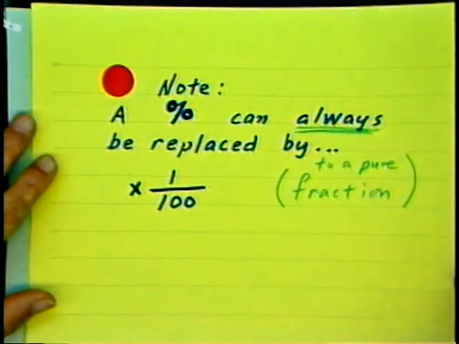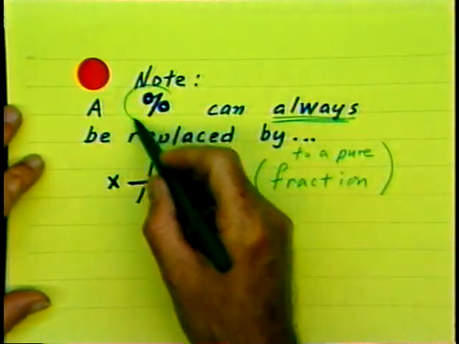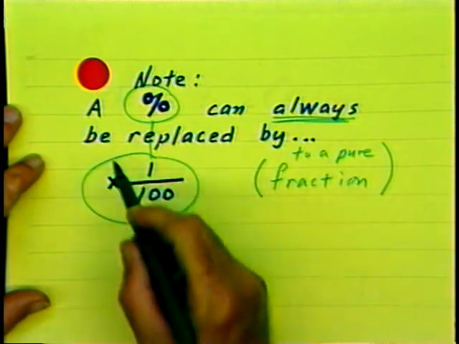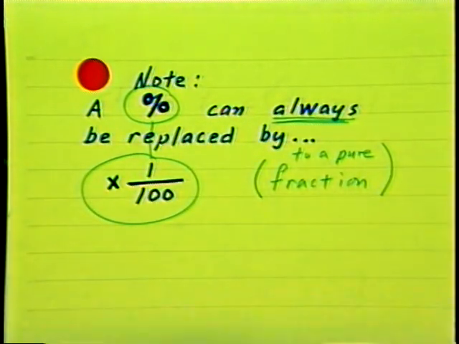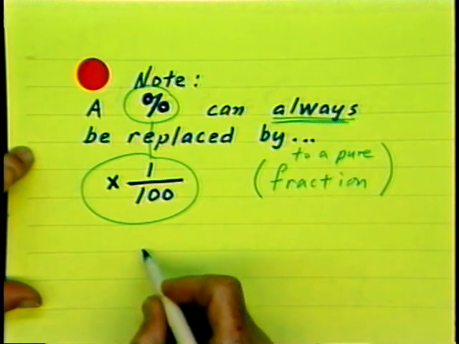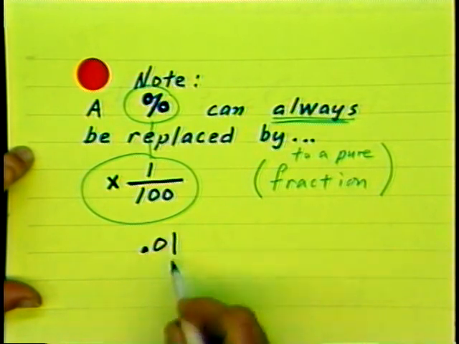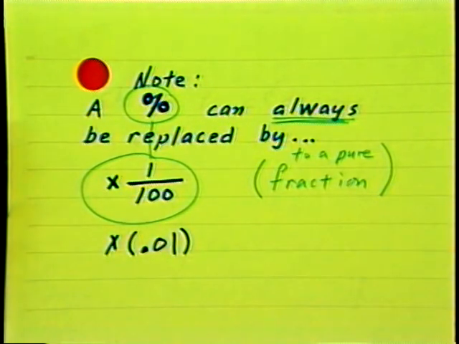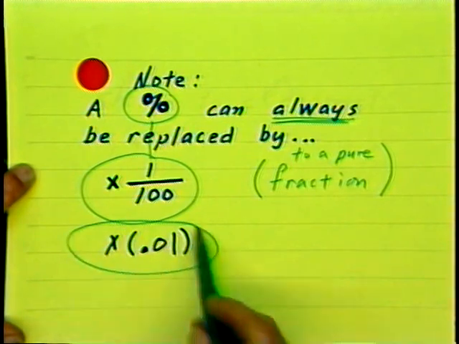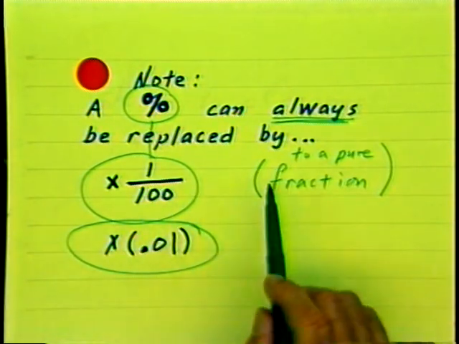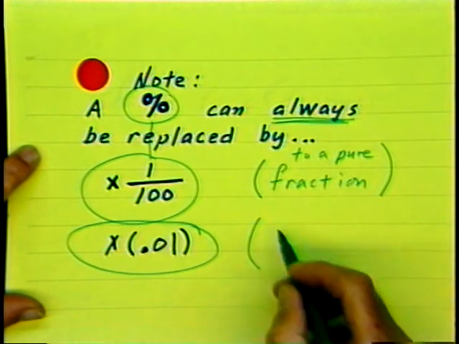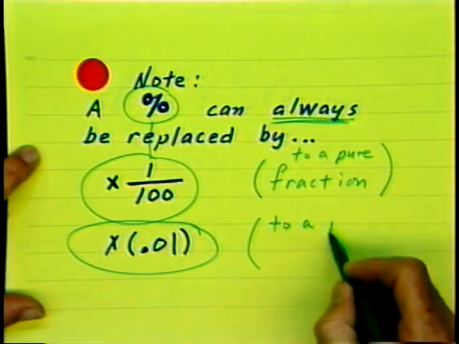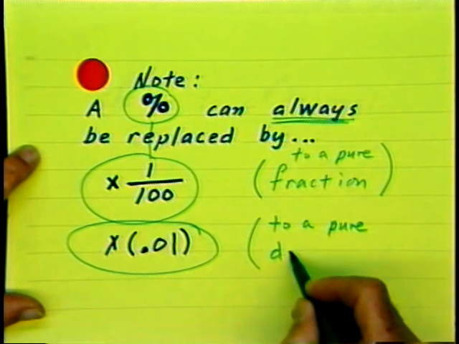Then let's go back to our note where we said that this may always be replaced by times 1/100th, but reminding ourselves that 1/100th could also have been written as 0.01, and of course there's the times. So when we say that a percent may be replaced by times 1/100th, we mean by times 1/100th whichever way you wish to express it, either as a fraction or as a decimal for when we're trying to get to a pure decimal.